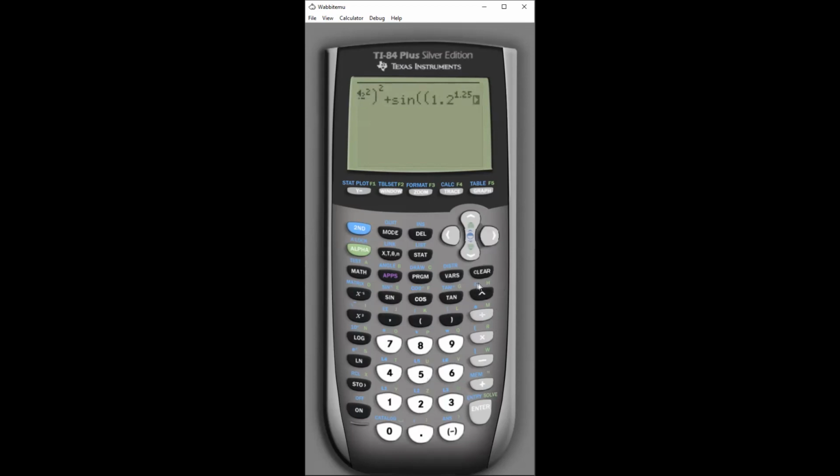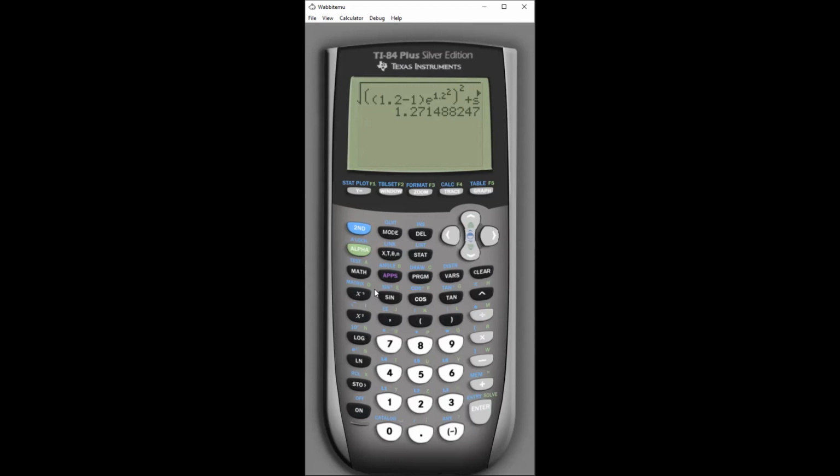We have an extra close parenthesis here, squared, and let's calculate that. So the answer is 1.271, that's the speed.